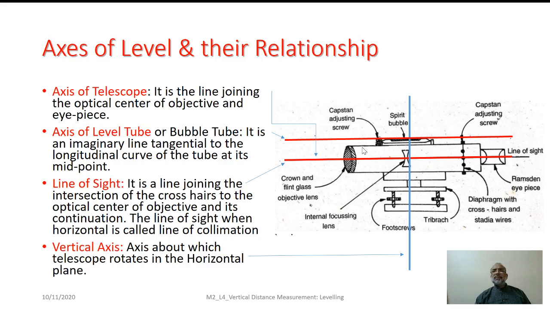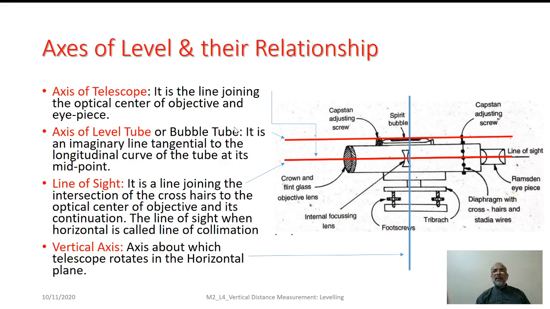Every level is to deal with the horizontal plane and hence the vertical plane. In order to decide this particular horizontal plane, we take a reference of the direction of gravity, which is nothing but the vertical axis of the equipment. So this level has some specific axes, the way I have mentioned here. Firstly, the axis of the telescope.